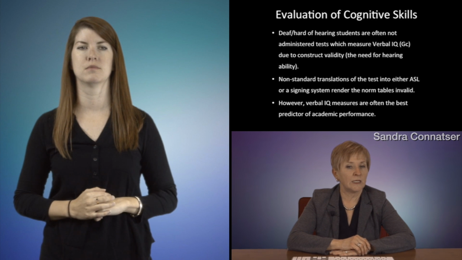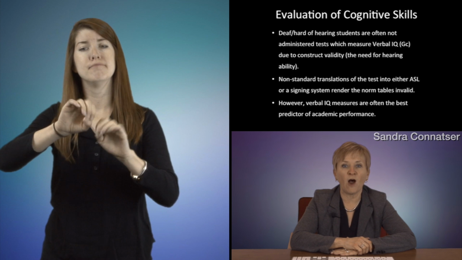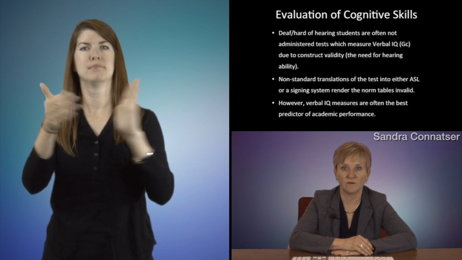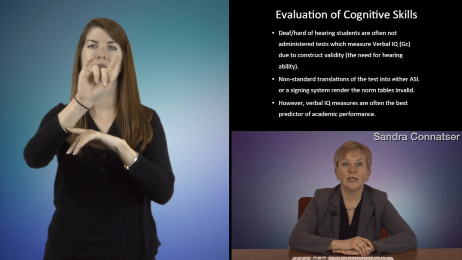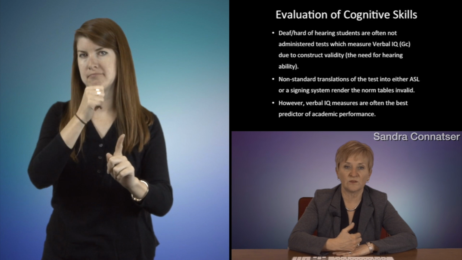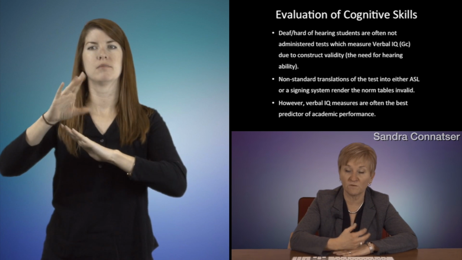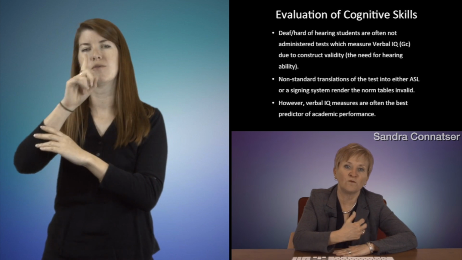We know that when we are evaluating students who are deaf and hard of hearing, we often do not measure that broad ability of Gc, or crystallized intelligence. This is because most of those tests have been developed or constructed with a need for hearing.